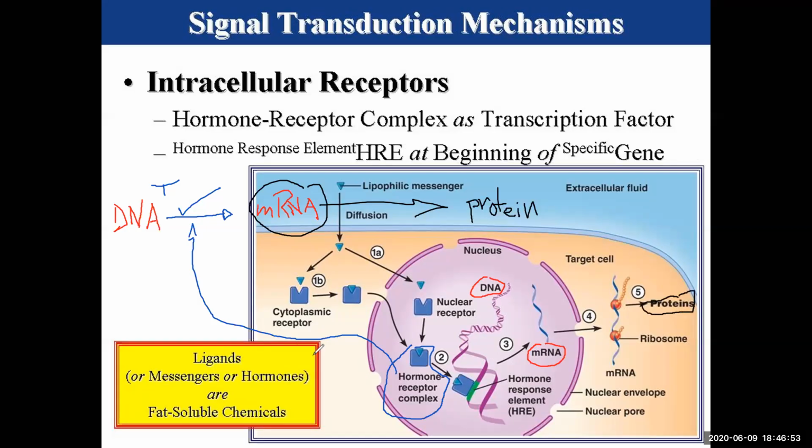So it can shut down the production of a protein, or it can amplify the synthesis of a protein. So that's why it's such a powerful chemical messenger. It has complete access to the control center of a cell, right? It can go straight to the nucleus.